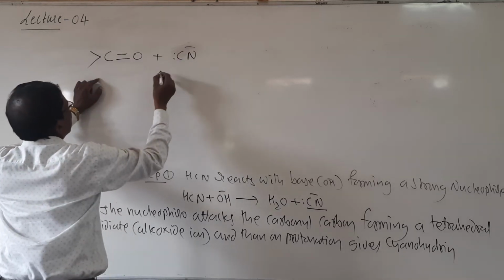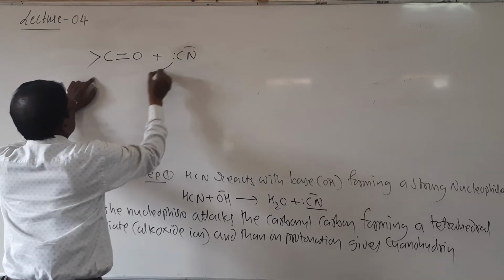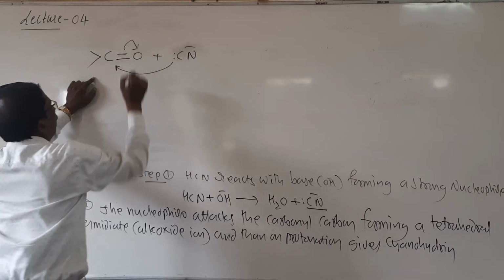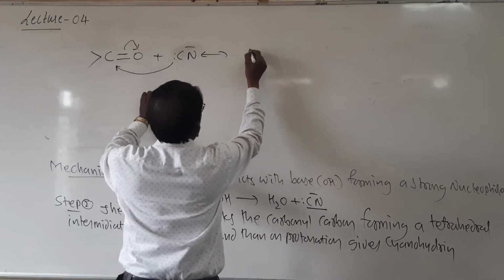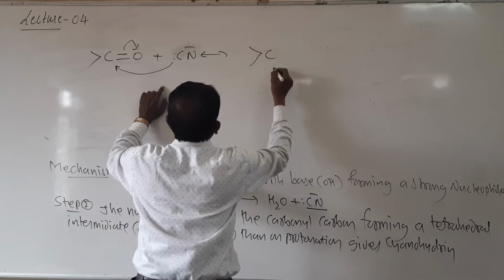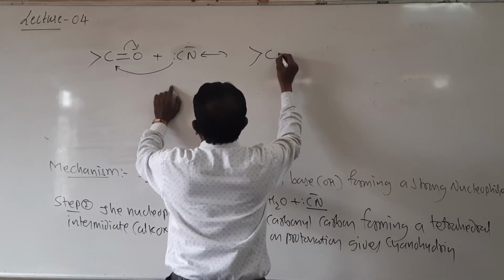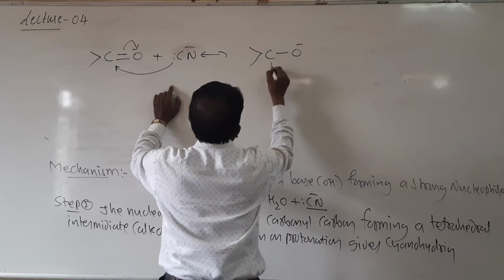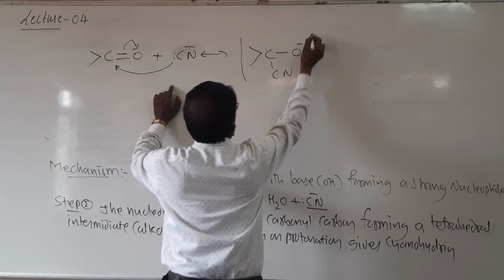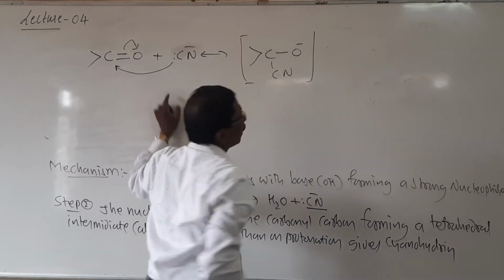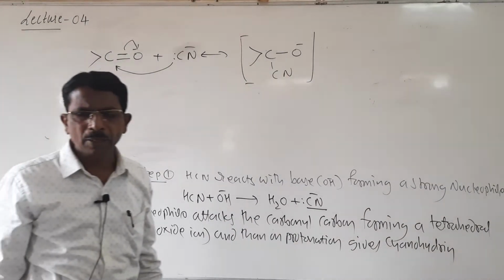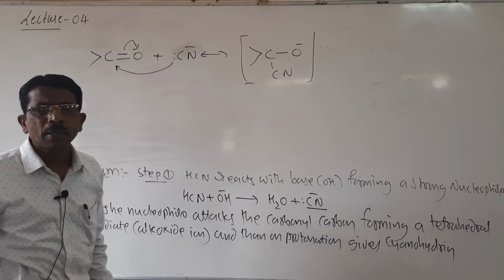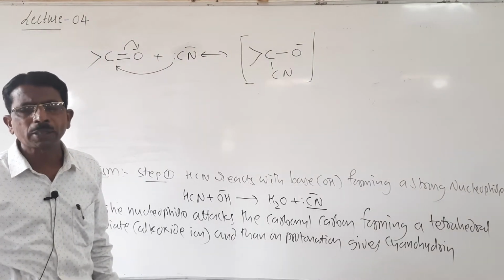So the nucleophile attacks here, and then it forms this, which is called a tetrahedral intermediate, or also called an alkoxide ion.